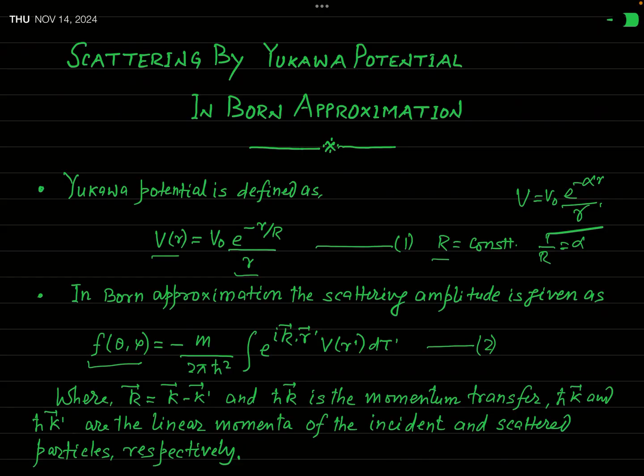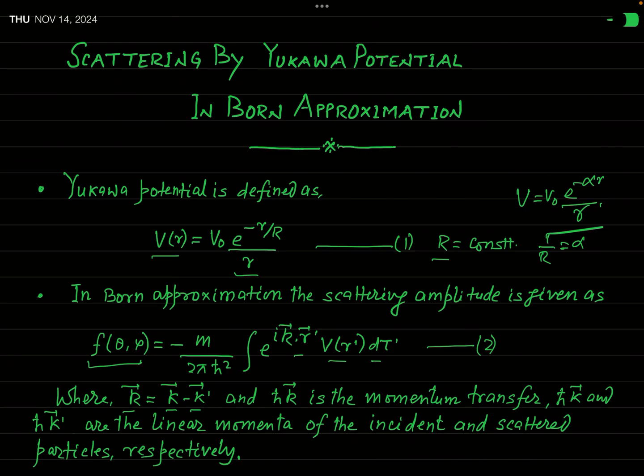The scattering amplitude in Born approximation, denoted by f of theta phi, is defined as minus m over 2 pi h bar square integral of e to the power i kappa dot r dash times V of r dash d tau dash. Here kappa is k minus k dash, where k is the wave vector for the incident beam of particles, and k dash is the wave vector for the scattered beam of particles.